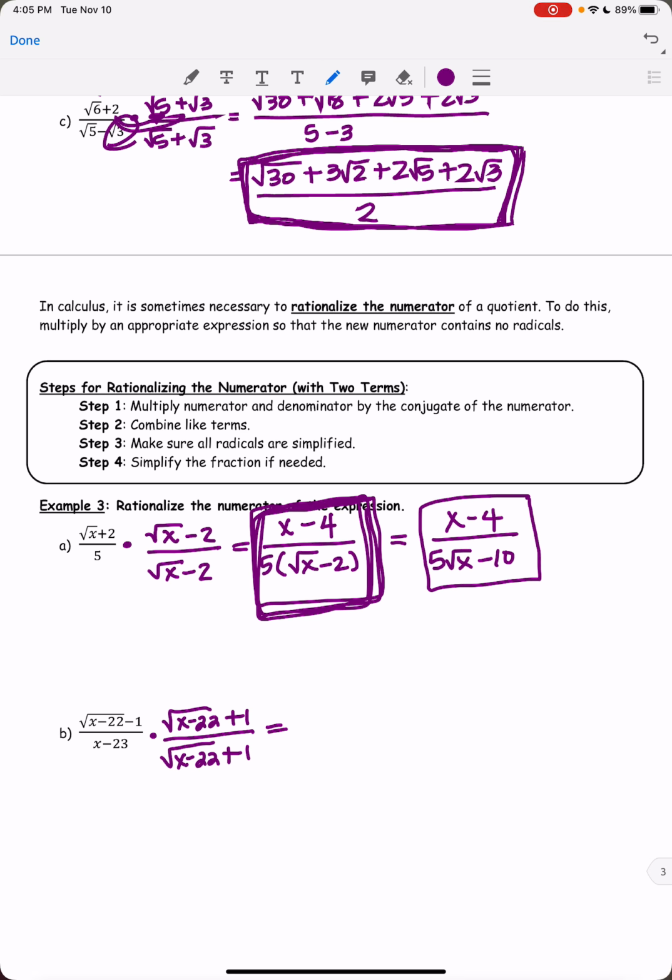So when you multiply the top, square root of x minus 22 times square root of x minus 22 is x minus 22. I don't know why I kept saying 21, but you get what I mean, right? Then we've got negative 1 times 1 to give us a minus 1.